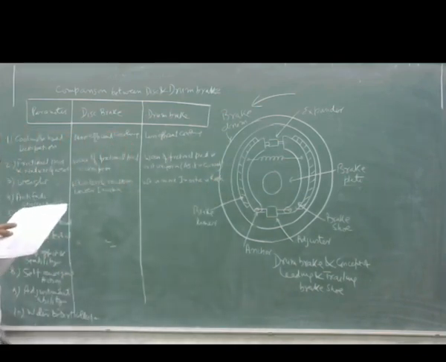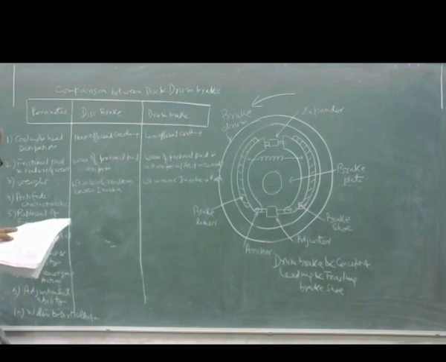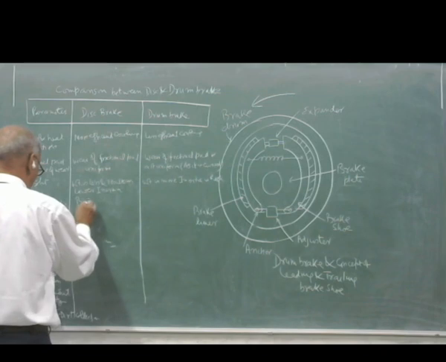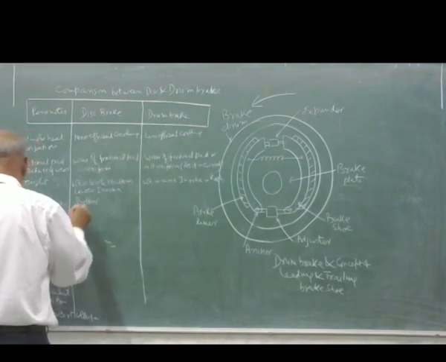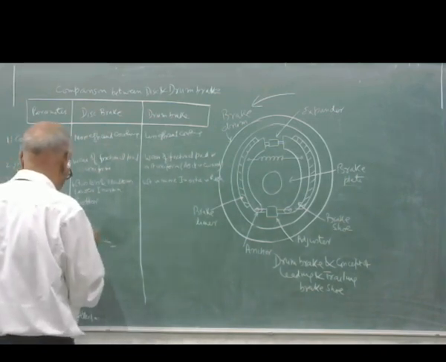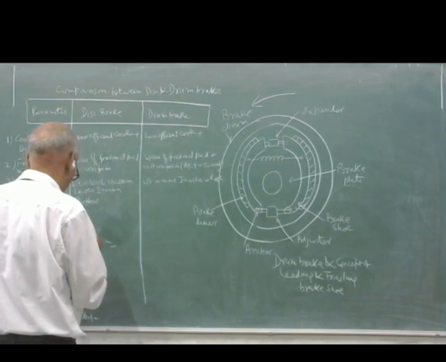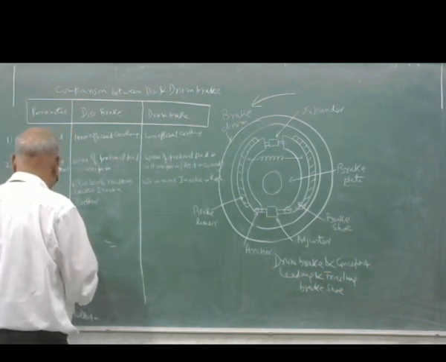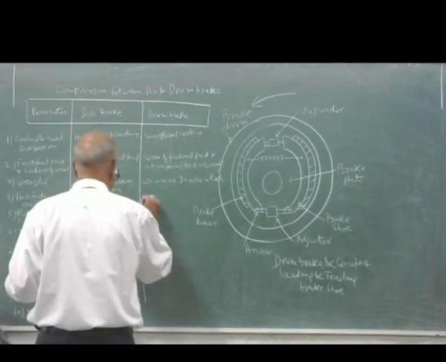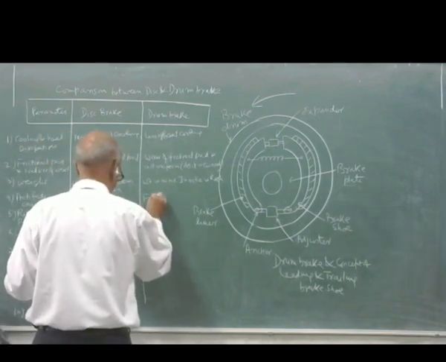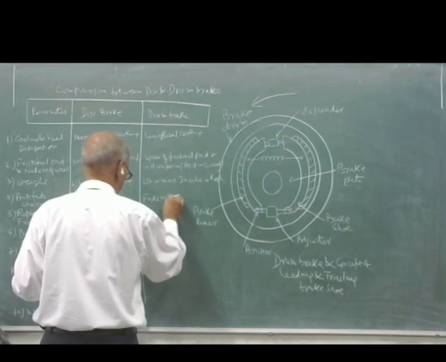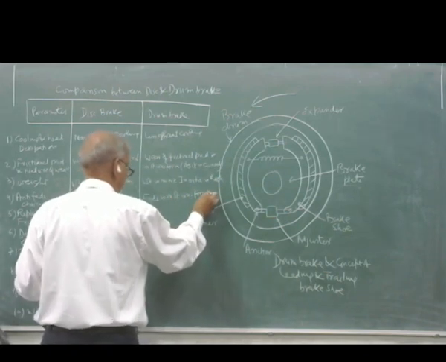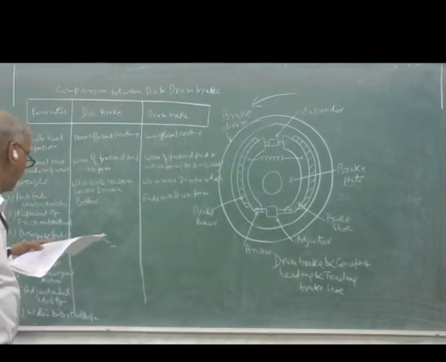Now fourth point, anti-fade characteristic. It is better here. In the drum brake, the braking effect decreases with constant and prolonged application of the brake. Fade is not uniform and depends upon the braking effort.